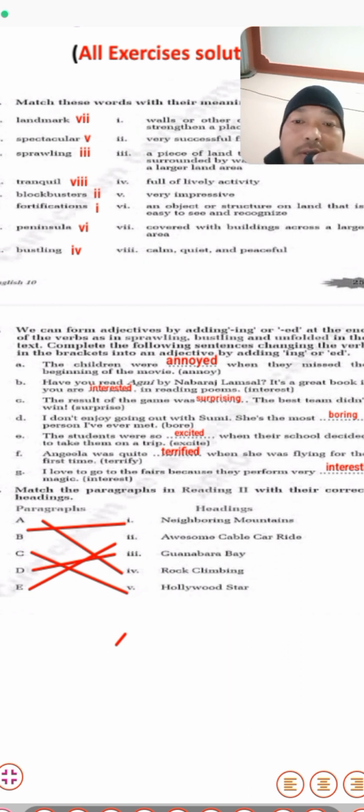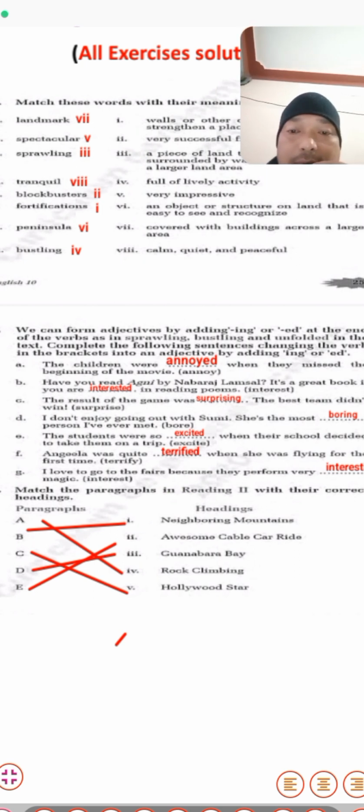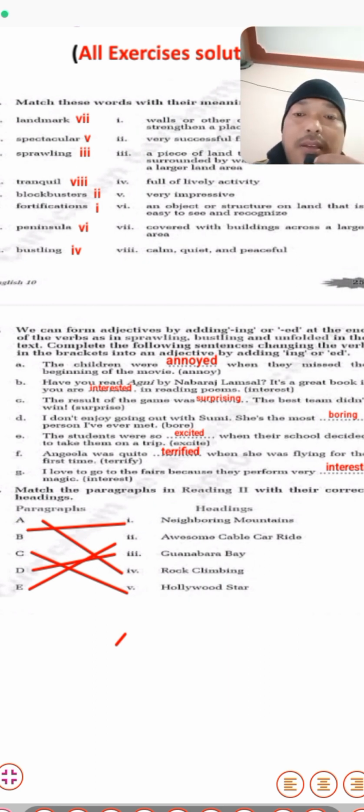Now students, move to C number. Match the paragraphs in reading two with their correct paragraph headings. So here A number is rock climbing. In paragraph A we talked about rock climbing. In B we talked about some of their neighboring places, neighboring mountains.